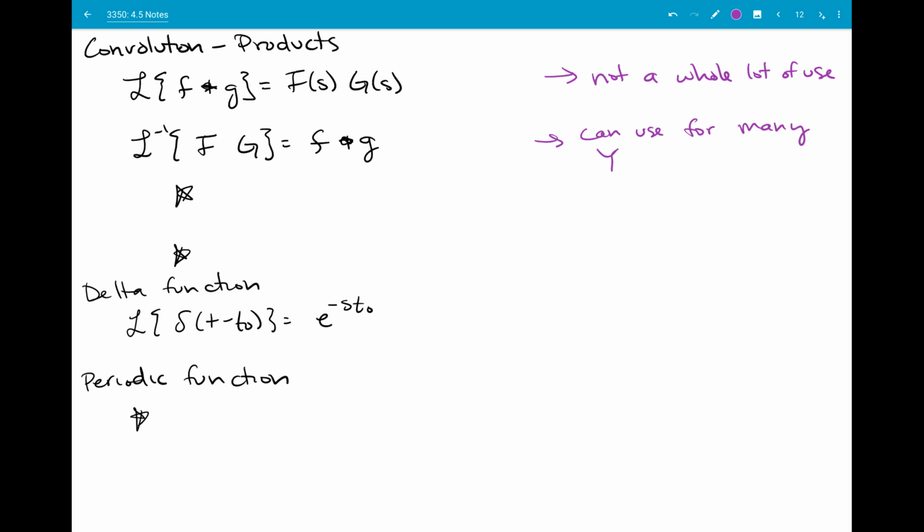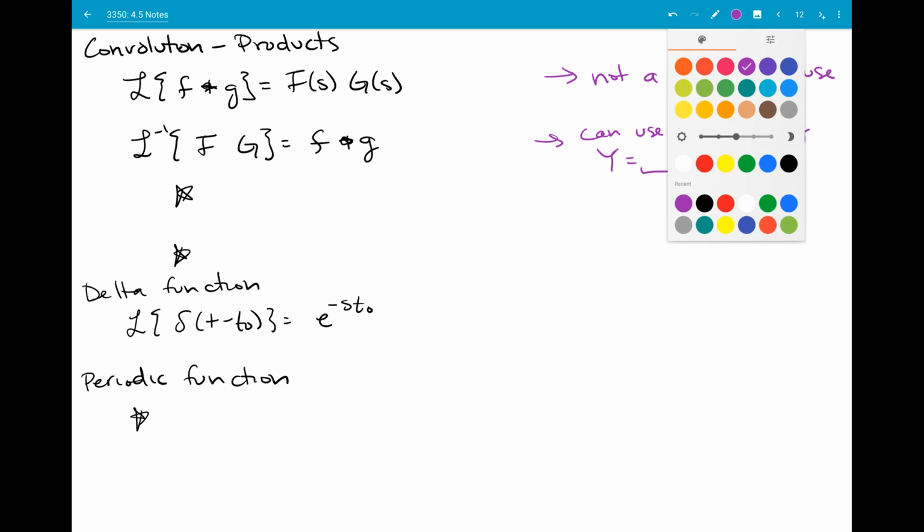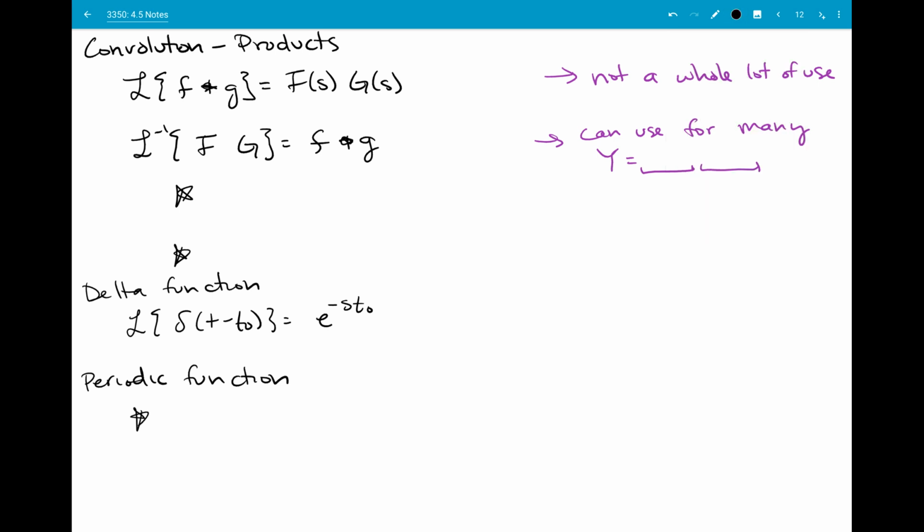So a lot of the time when you solve for capital Y, you do end up with products of things. And then when you're taking your L inverse, this becomes useful because you don't have to worry about decomposing them or handling them in some other way. The stars I wrote right here are for warnings about this thing.